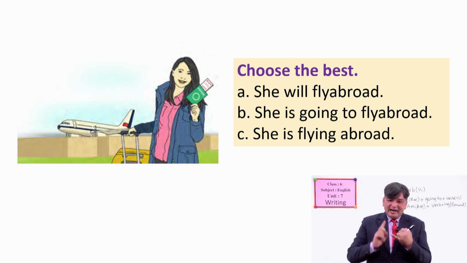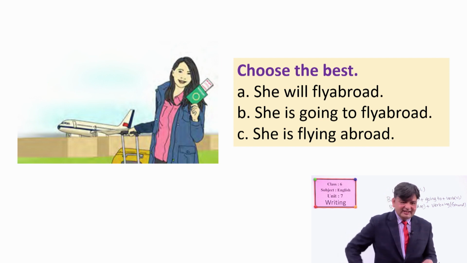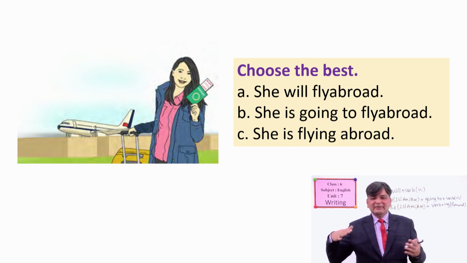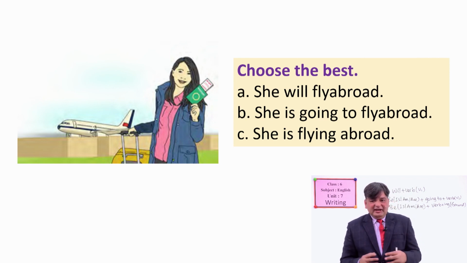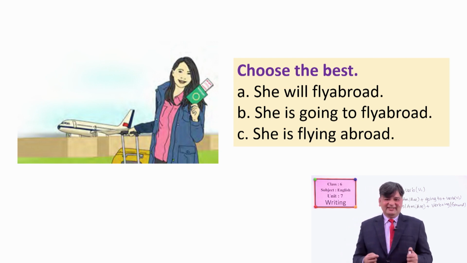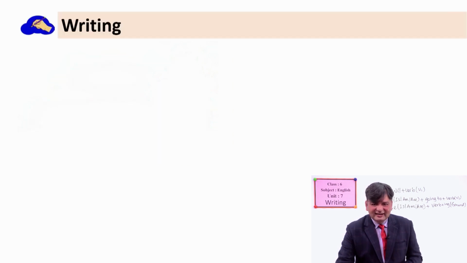She has got her passport, she has got her visa, she has got her ticket, she has got her bag ready, and she is already carrying that, and there is also the plane, right? So yeah, if you say number C, she is flying abroad, that might be more appropriate. Okay, the last one, I also want to go with the last one. Good. So you understand the context.